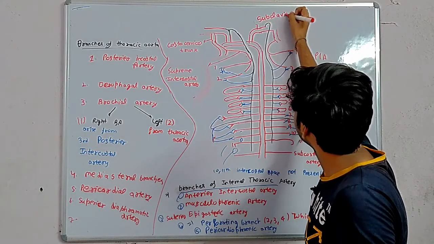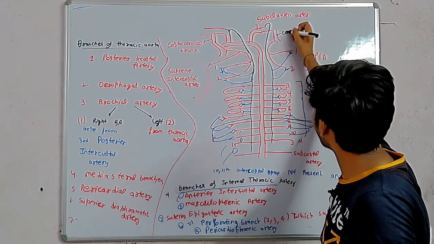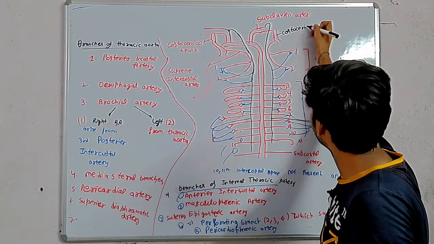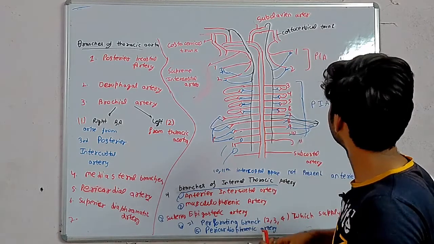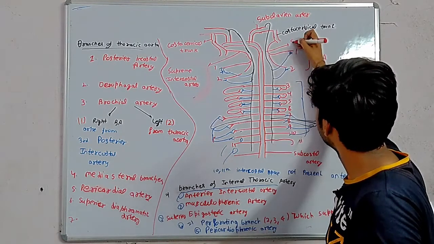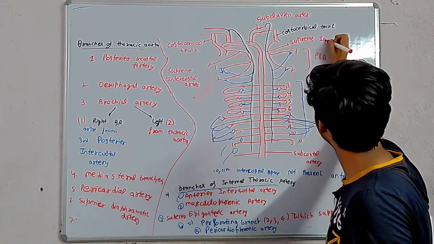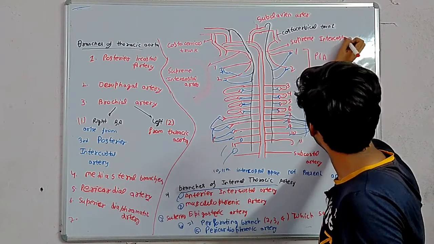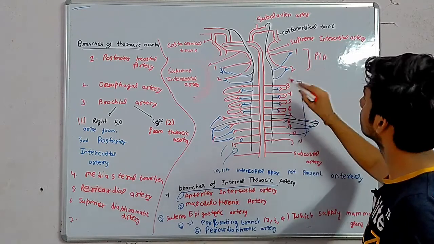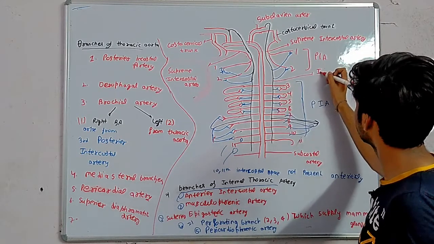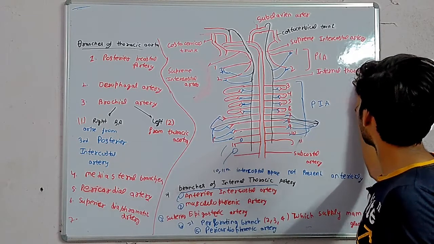Subclavian artery. This is the costocervical trunk. This is the supreme intercostal artery. This is the internal thoracic artery.